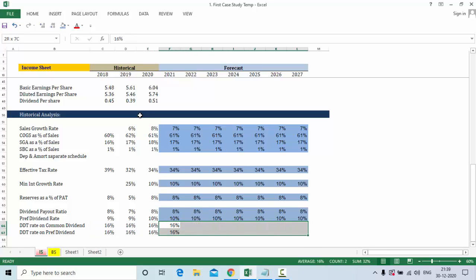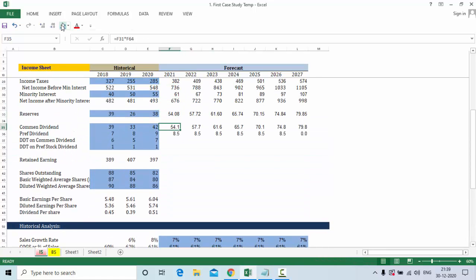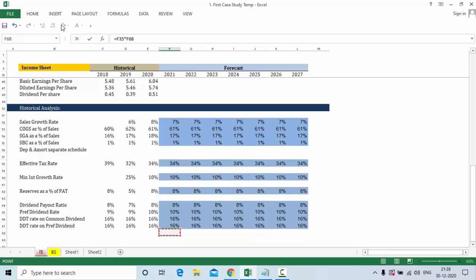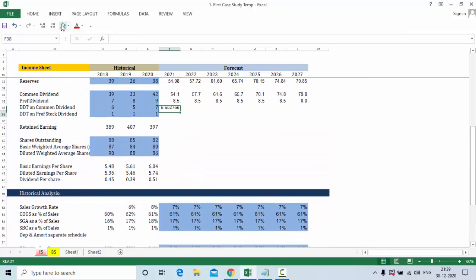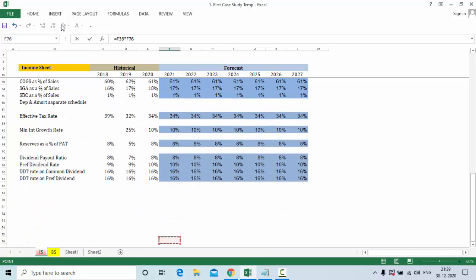So what you can do, select this, press Ctrl R, give it a color like this, come above. So equal to common dividend into dividend distribution tax rate. Do the same thing for preference dividend. Do the same thing for DDT on preference dividend also. So equal to preference dividend multiply by this percentage. Enter.